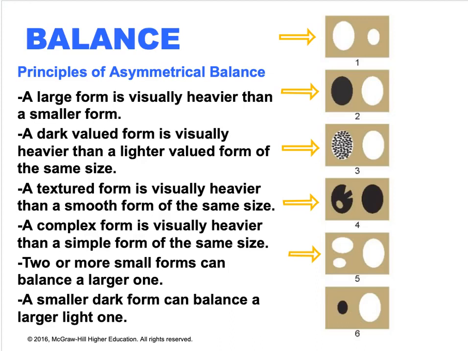And then lastly, a smaller dark form can balance a lighter one. So even though it's smaller, you have a picture of something that is really dark, like a very deep blue object in your picture. Maybe you're painting a still life and you have a really small, dark grape on the table.